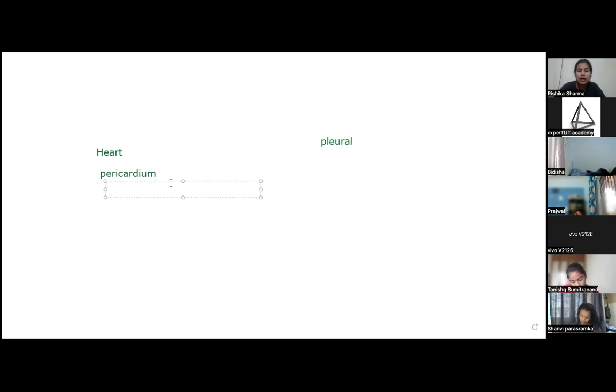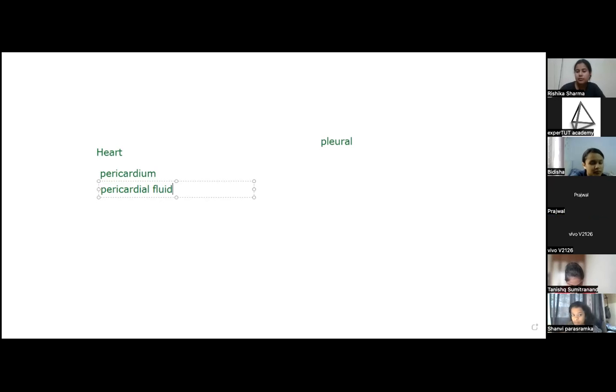When we talk about the heart, the covering of the heart is known as pericardium. And the pericardium is filled with a fluid known as pericardial fluid. So this pericardial fluid protects your heart from shocks and jerks. This fluid basically absorbs any kind of shocks or jerks. Is it clear? Ma'am, what does the fluid do?